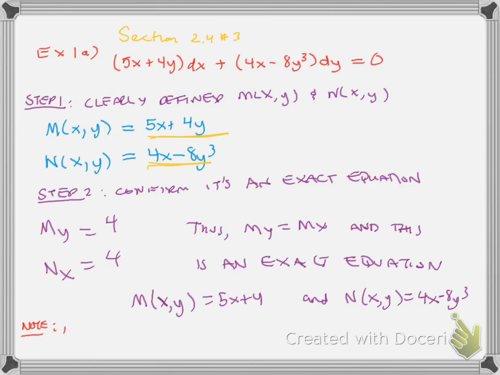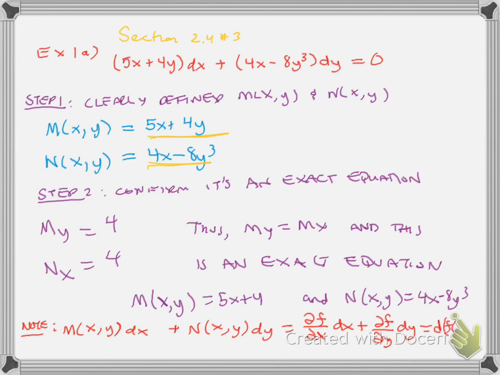What this tells us is that M(x,y) dx + N(x,y) dy equals the partial derivative of f with respect to x dx plus the partial derivative of f with respect to y dy. And so that's going to equal the differential of a function in 2 variables.